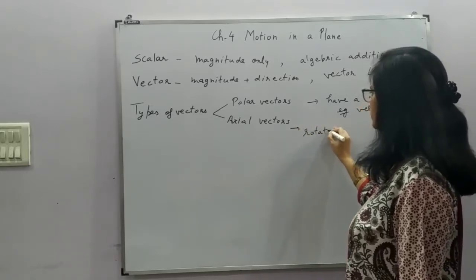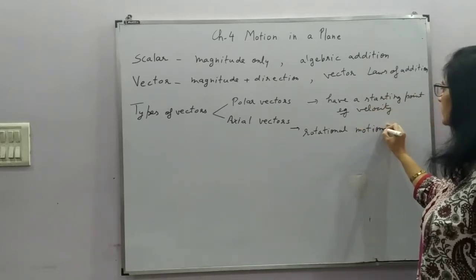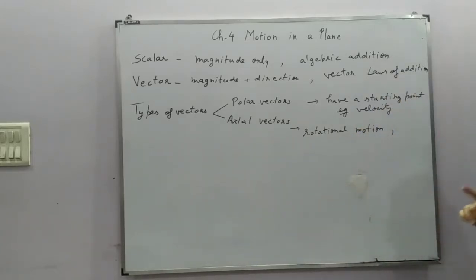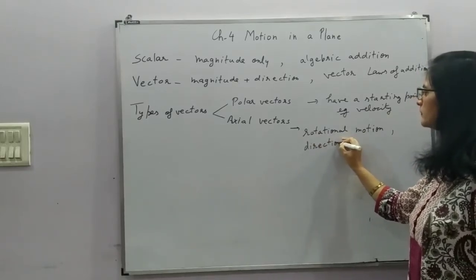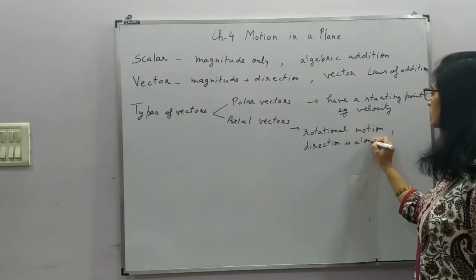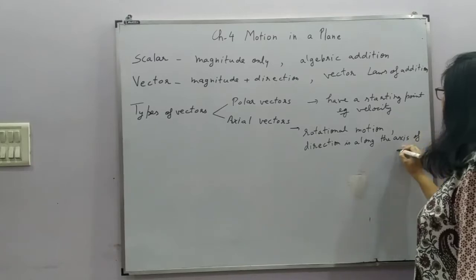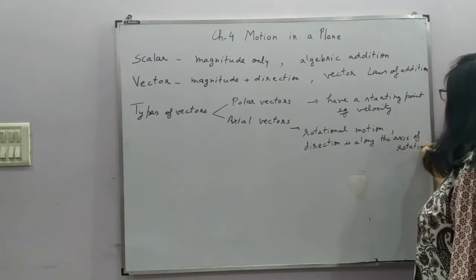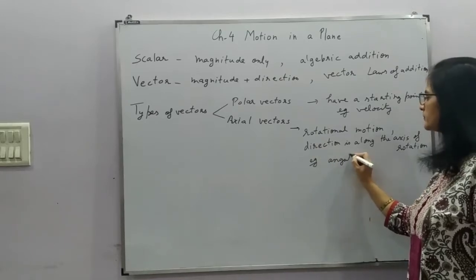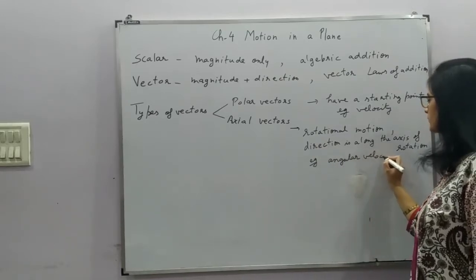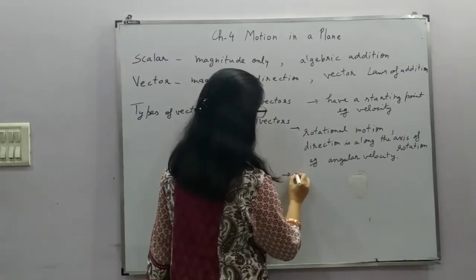rotational motion, and their direction is along the axis of rotation. Right? For example, angular velocity. And their direction is given by right hand screw rule.